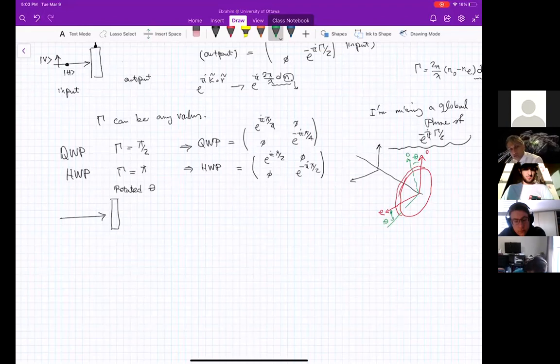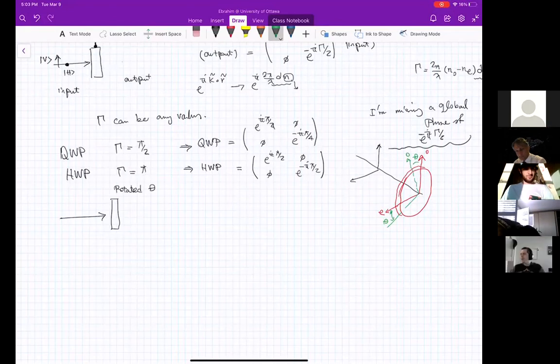How should I do the calculation and find the action of a half wave plate and a quarter wave plate? You have to apply rotation matrices on either side of the operators. Very close.